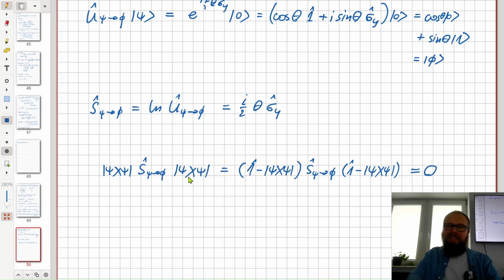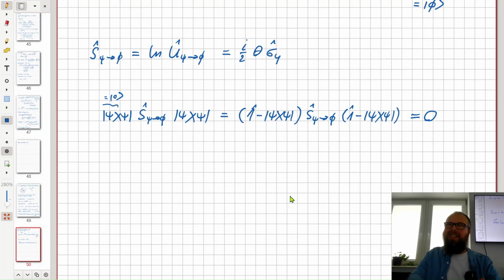With psi, this is easy, because psi is one of the basis vectors. This is equal to 0, right? And sigma y is an off-diagonal matrix, so you can easily imagine that this is the case.